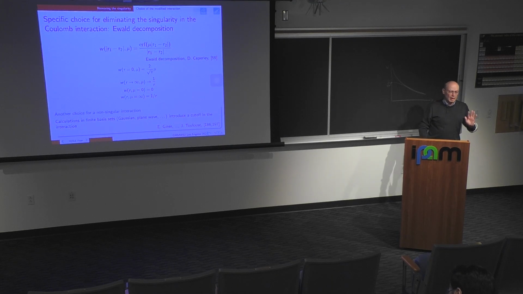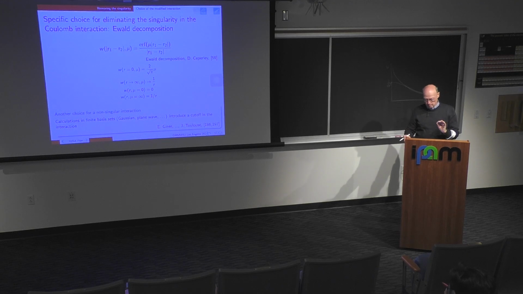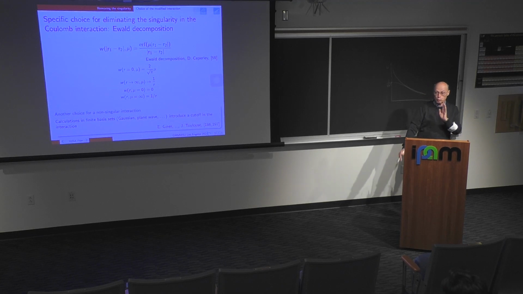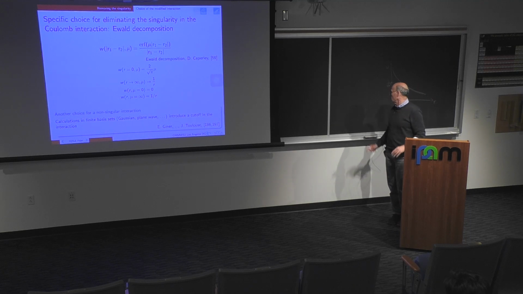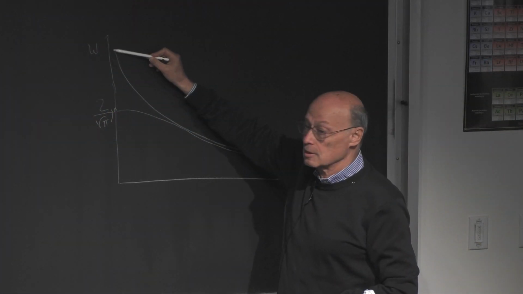So I think that there are more natural ways to choose such an operator. I don't speak about it in detail, but there is a natural way to choose it, which is the basis set. Once we work in a finite basis set, say we cut off our plane waves at a certain value of k, we never see the singularity.